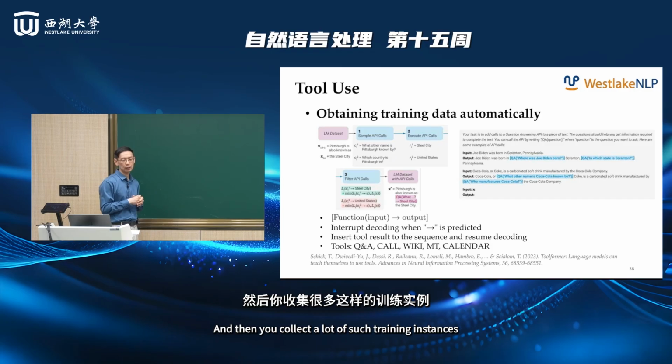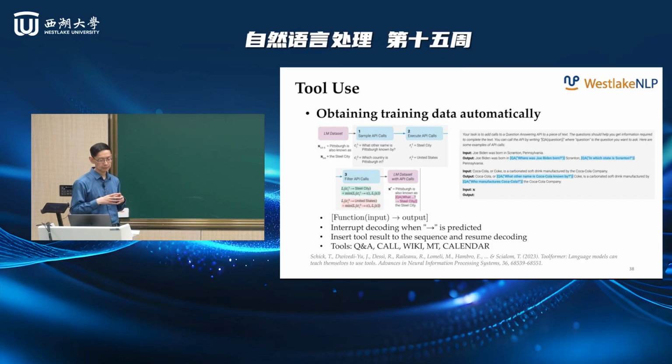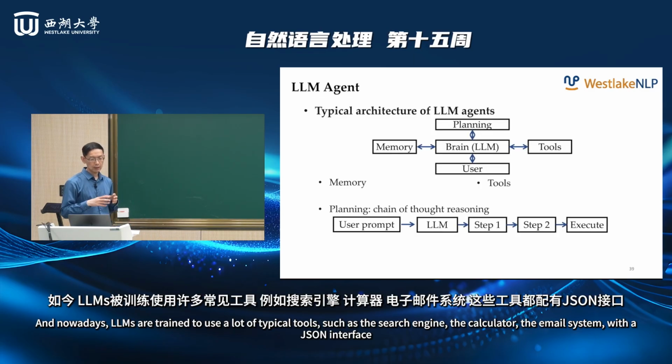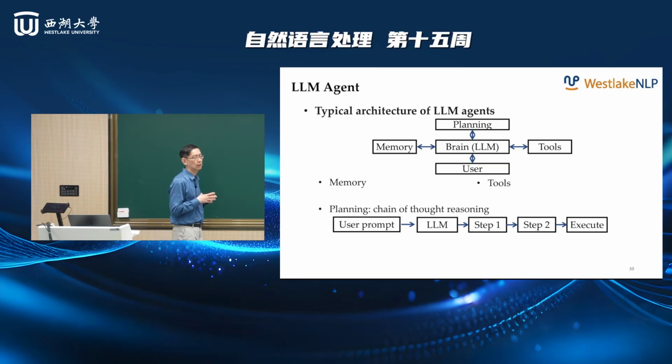And then you collect a lot of such training instances. You can train your sequence-to-sequence model to use all different kinds of tools. And nowadays, LLMs are trained to use a lot of typical tools, such as the search engine, the calculator, the email system, with a JSON interface. Okay, JSON is the programming language.